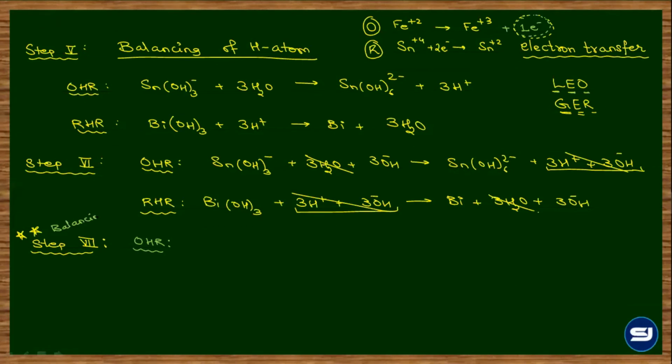Balancing via electrons. So tell me, how much is the charge you see on the left? -4. How much on the right? -2. So what will you do? Add 2 electrons. On the left or right?